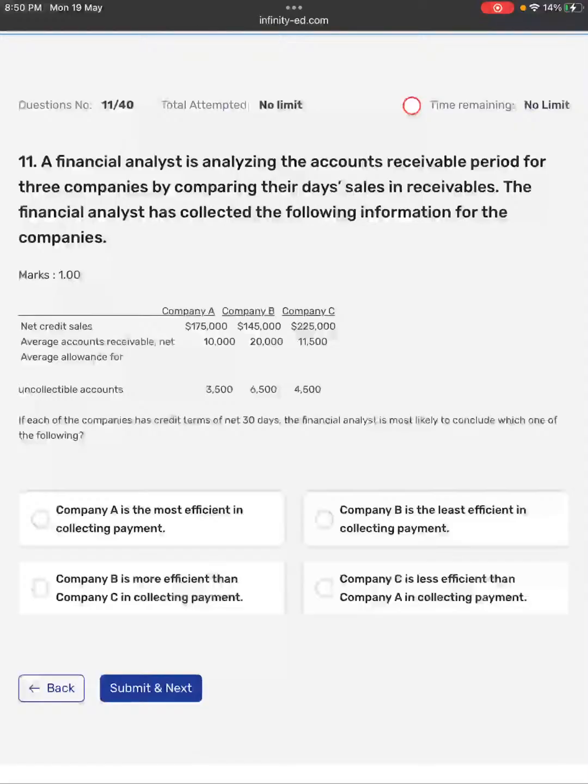Now question number 11. We don't need to read all this one because we don't have much time. Suppose this one, financial analyst, all these are the story. Basically we need to read only the requirement. Company A, company B and company C, 3 companies are given, and net credit sales, average account receivable, and average allowance for uncollectible accounts are given.